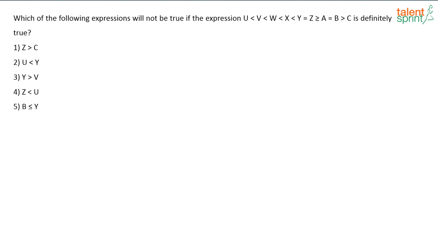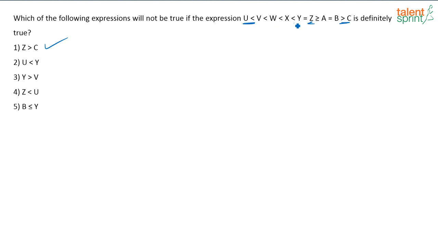So look at the first option. What does the first option say? Z is greater than C. Yes, definitely Z is greater than C. See, Z is here greater than or equal to A equal to B greater than C, so definitely Z is greater than C. Very clearly from here you can say Z is greater than C. So this is true. U is less than Y.